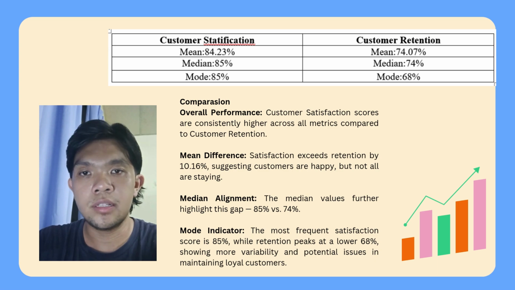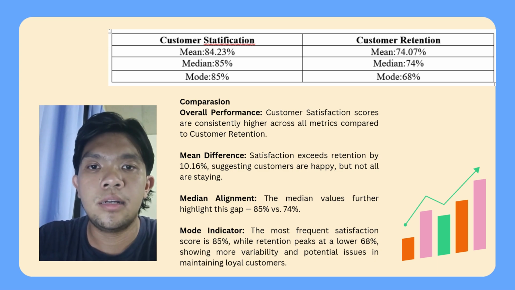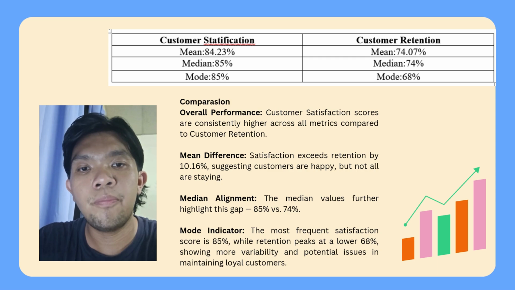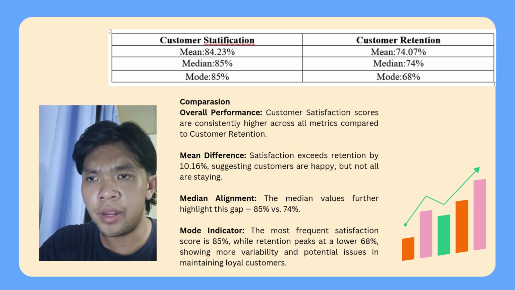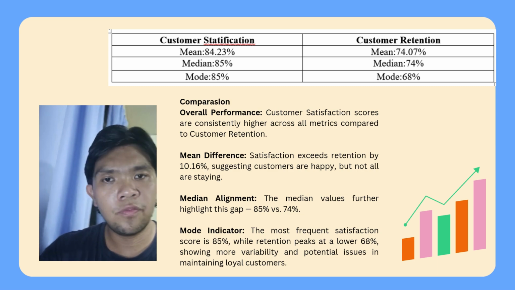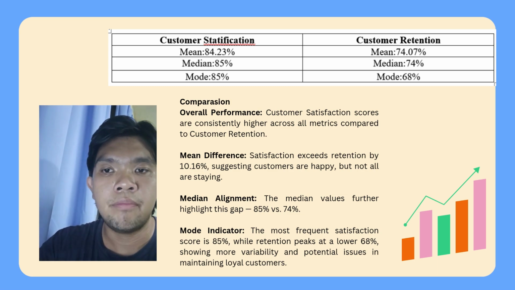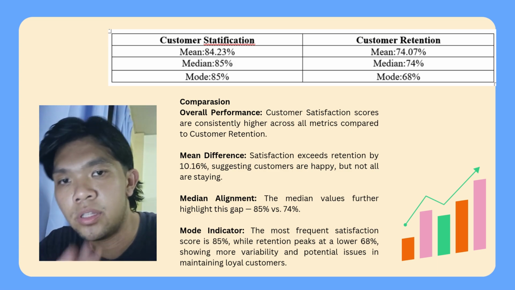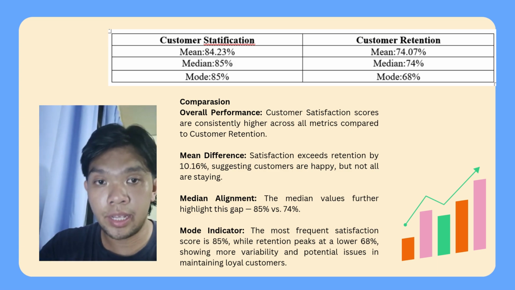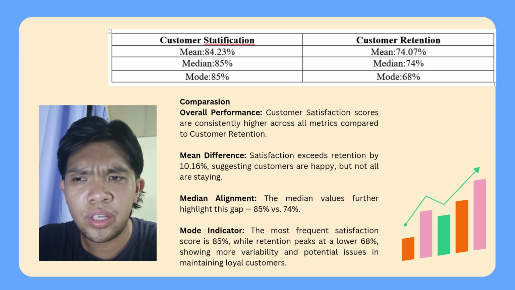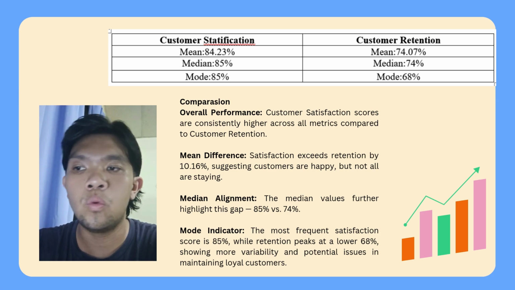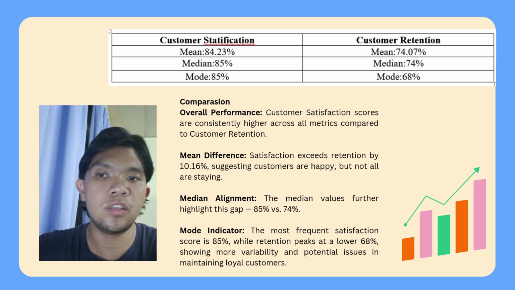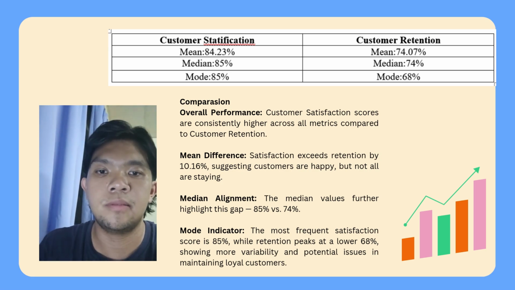For the mean difference, customer satisfaction is 10.16% higher than customer retention. Based on median alignment, the median values further highlight this gap between 85 and 74%. For the mode indicator, the most frequent satisfaction score is 85, while retention peaks at a lower 68%, showing more variability and potential issues in maintaining loyal customers.